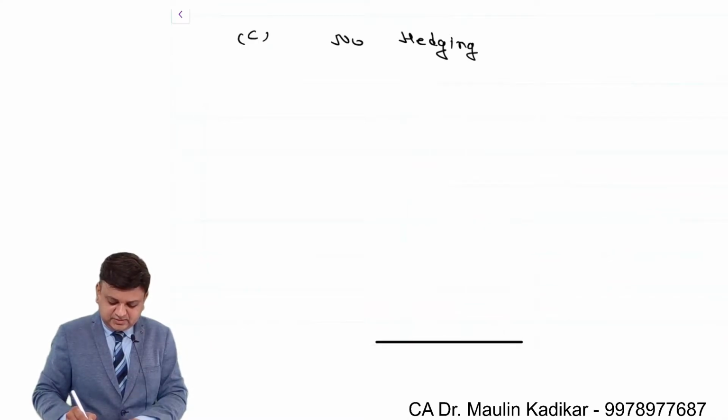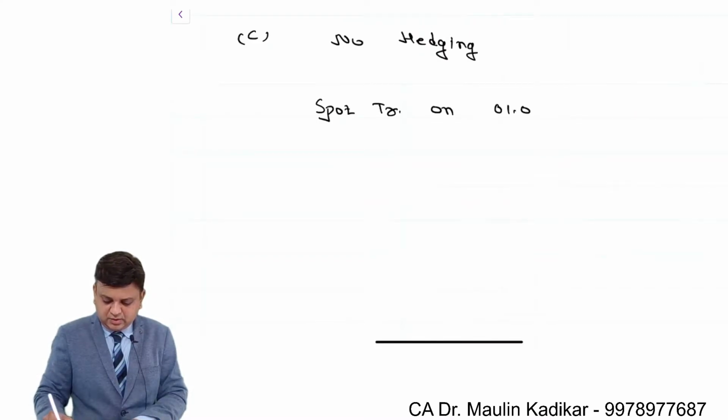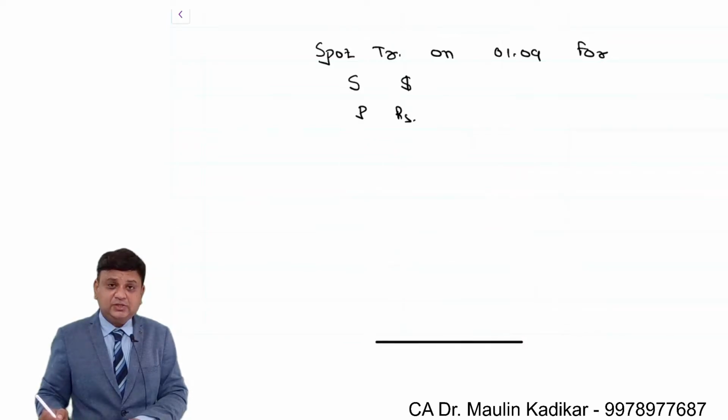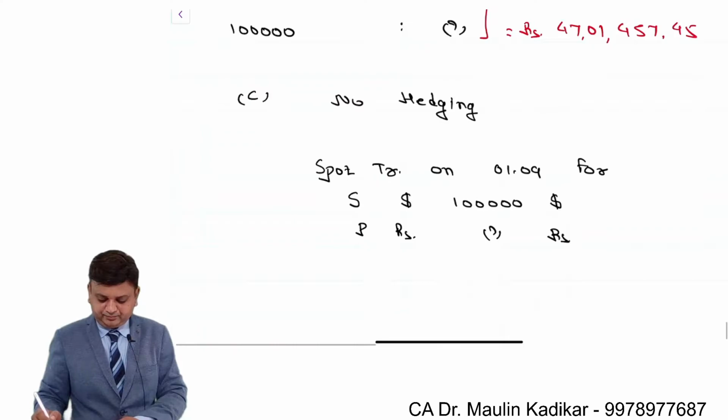So in that case, spot transaction on 1st of September for sell of dollar and purchase of rupees. Sell $1 lakh and this is the amount of the rupees that you will get.